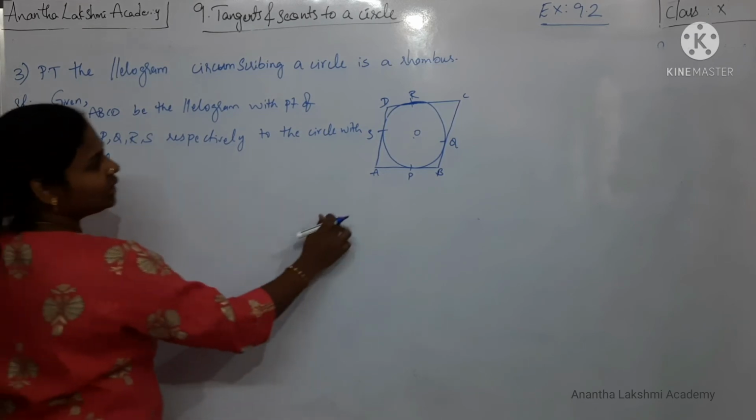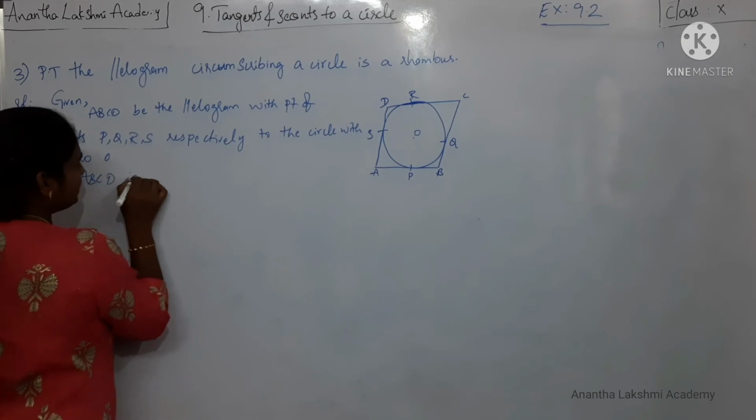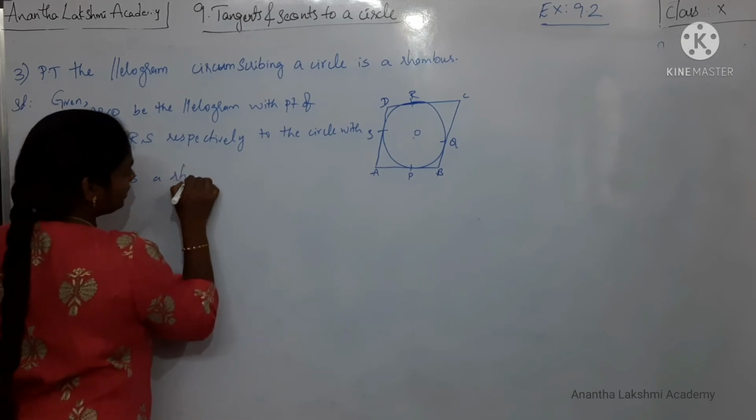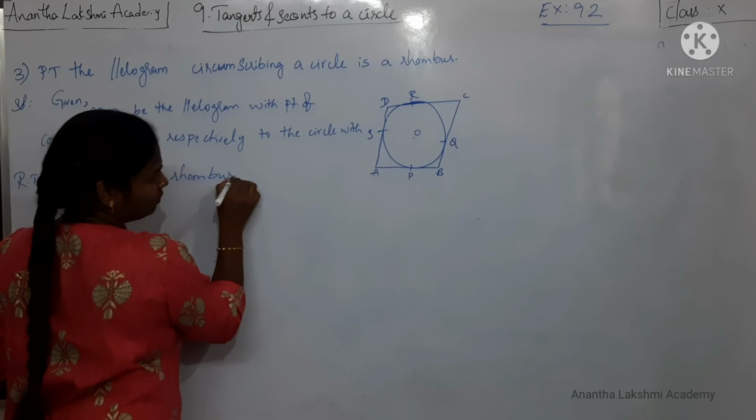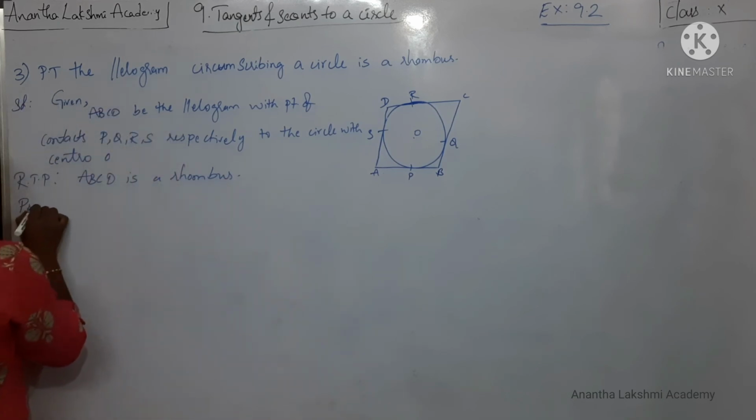We need to prove that ABCD is a rhombus. Its proof is more like statement number 4, which we have learnt in the earlier video. So let's do the same thing.